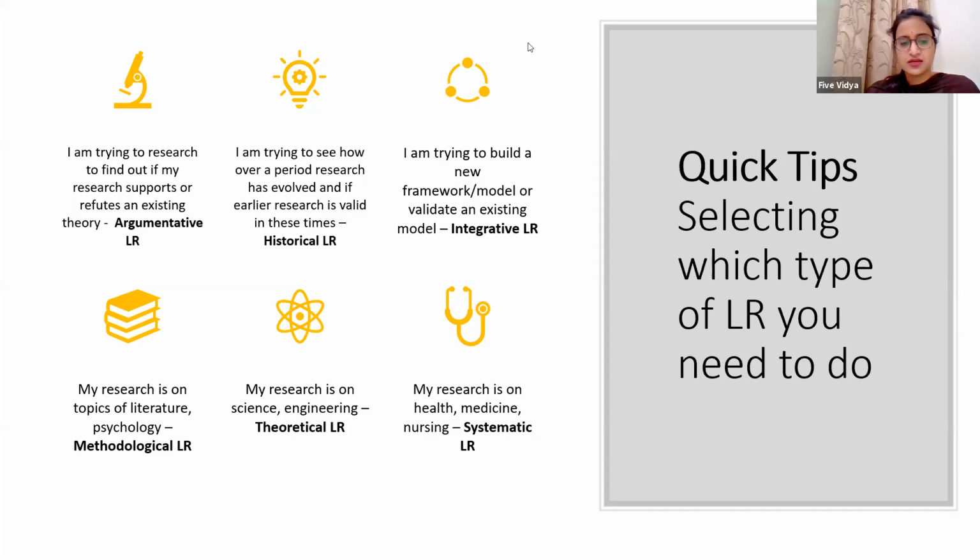For law subject, we can use methodological literature review, or sometimes historical literature review can also be used if we are talking about some specific laws. Argumentative can also be used depending upon the kind of topic you are studying in the law domain.